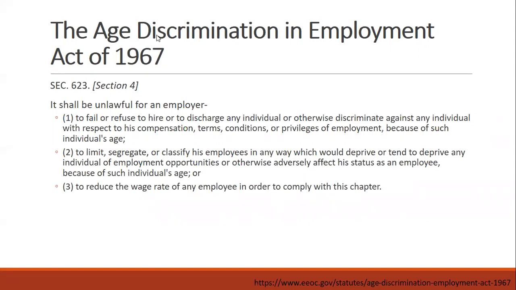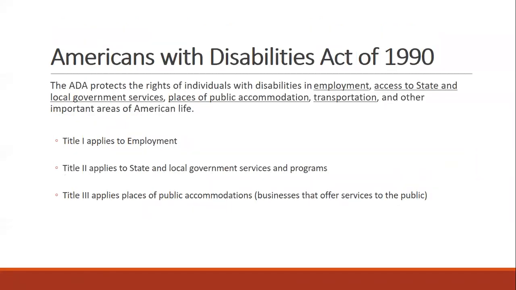Two, limit, segregate, or classify his employees in any way which would deprive or tend to deprive any individual of employment opportunities or otherwise adversely affect his status as an employee because of such individual's age. Or three, reduce the wage rate of any employee in order to comply with this chapter.